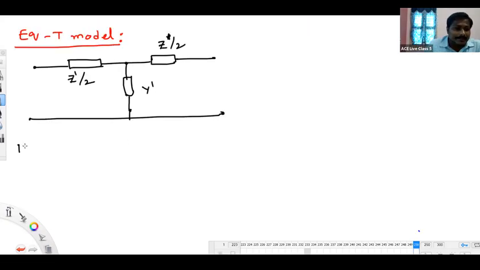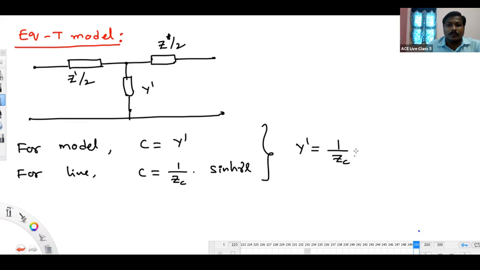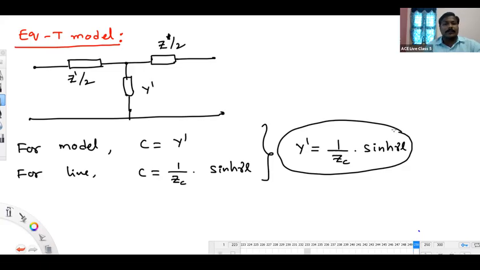So for the model, C is equal to Y dash. For the line, C is equal to 1 by ZC sinh gamma L. So from these two, Y dash value is 1 by ZC sinh gamma L.